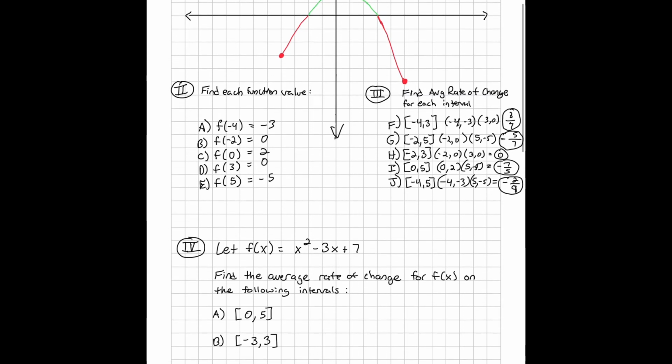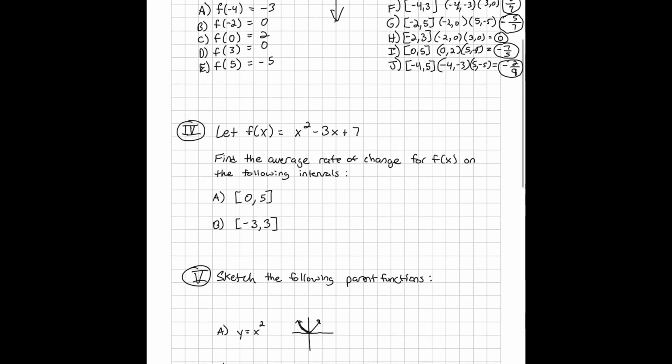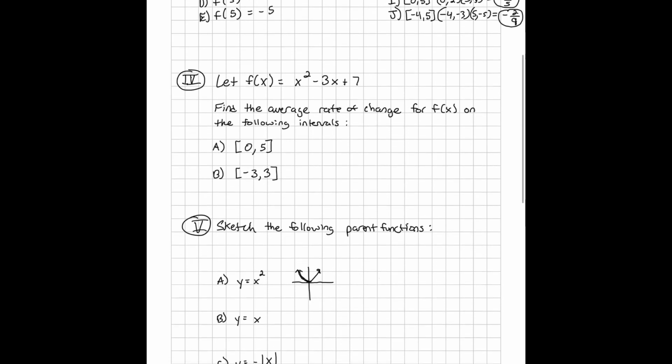Alright, moving on to the fourth part. Using the function x squared minus 3x plus 7, we need to find f of 0. 0 squared minus 3 times 0 plus 7. That's just going to be 7. And then f of 5. 5 squared minus 3 times 5 plus 7. 5 squared is 25.